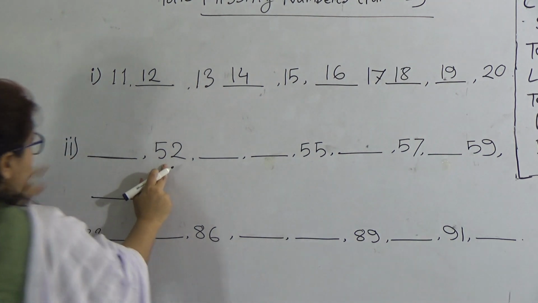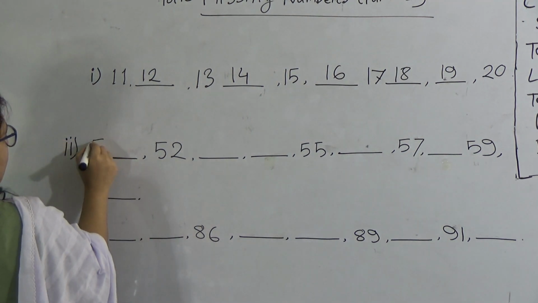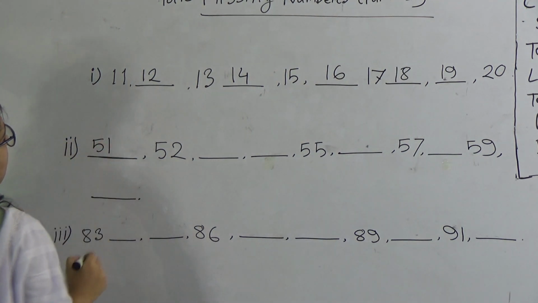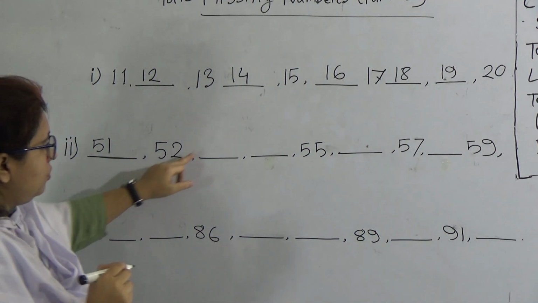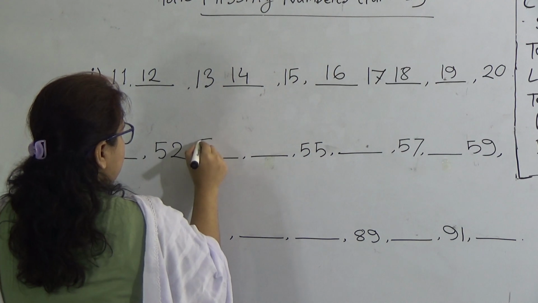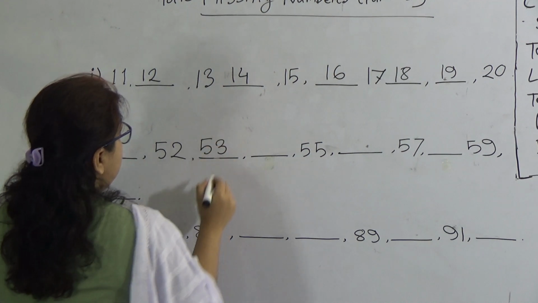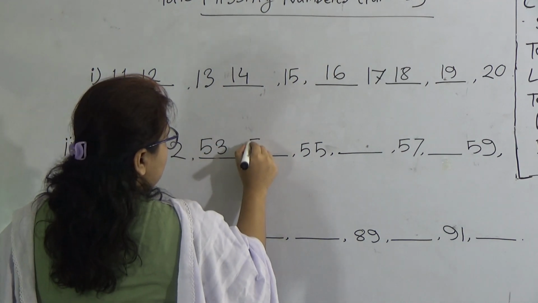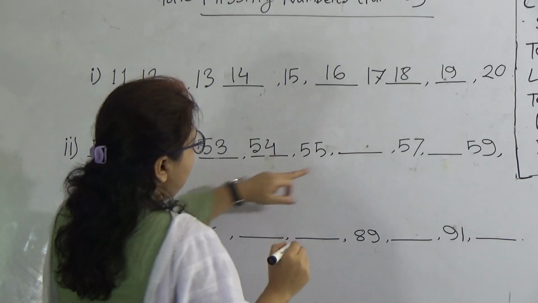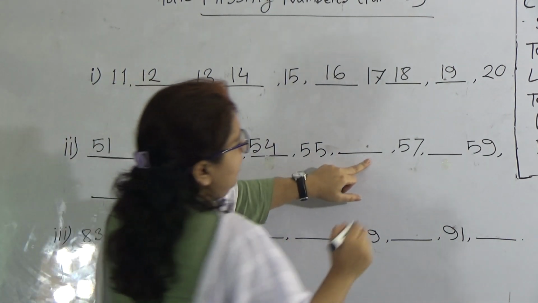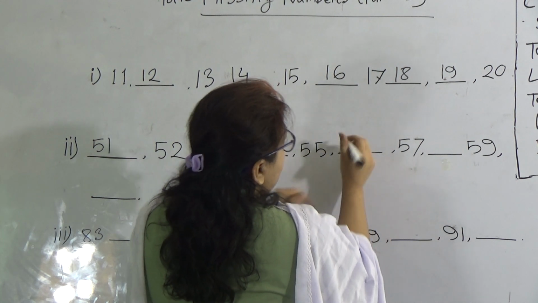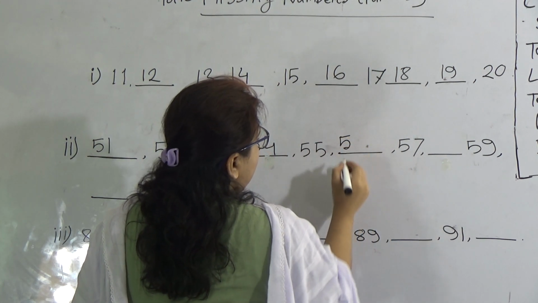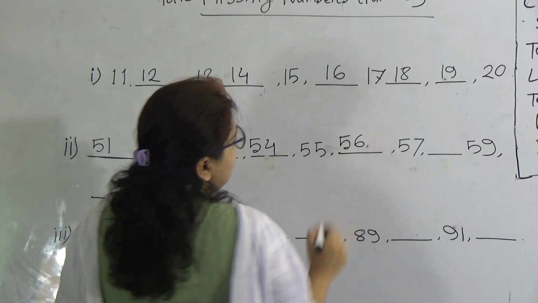So 52, so the first number will be 51. Yes, the first number will be 51. Then 52 and 53. 53 and 54. Here is 55, then 57. 55 and 57. So the missing number would be 56.